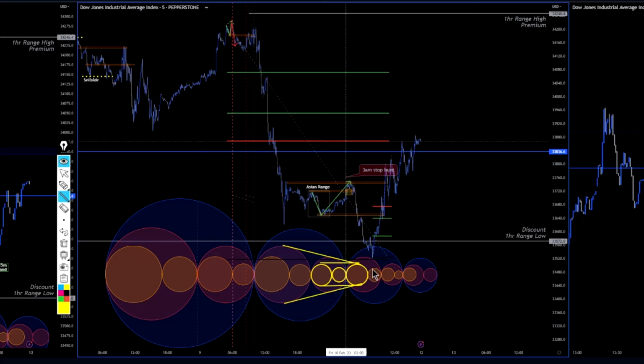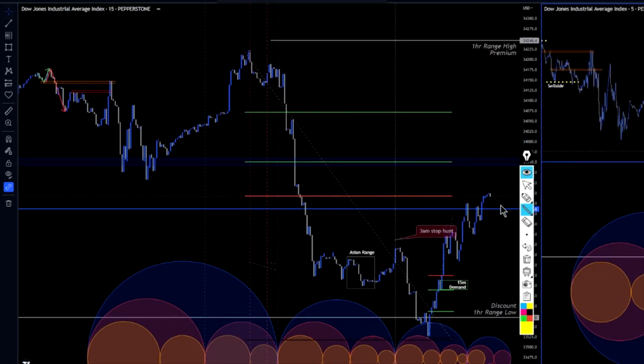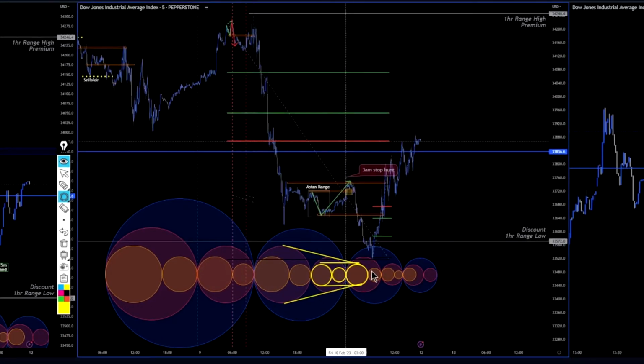So what do we have? We have price dropping, setting up liquidity on this side. We get the manipulation. So within here there'll be a breaker somewhere, which there is here. If we zoomed in, just by there, there's the breaker, and we get the distribution, which completes the cycle.